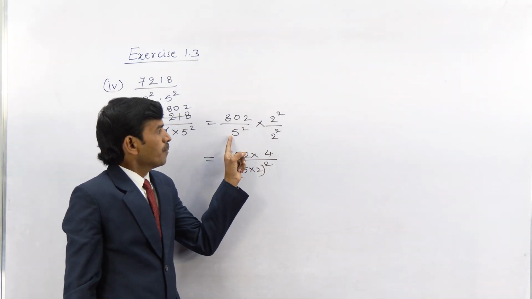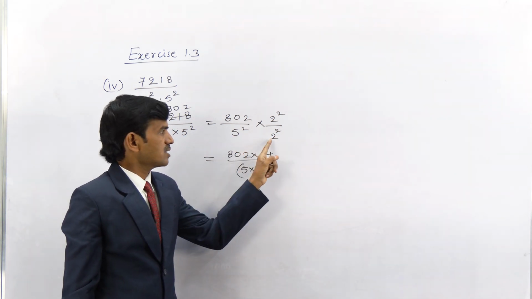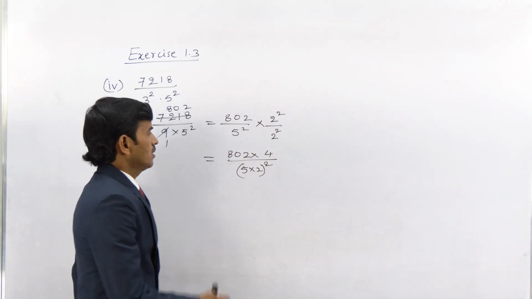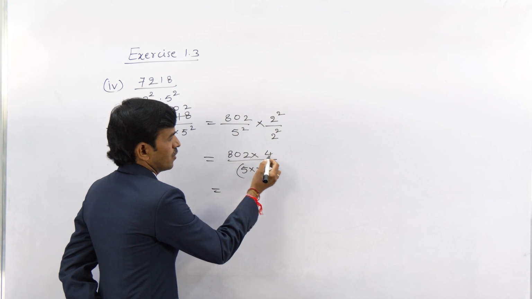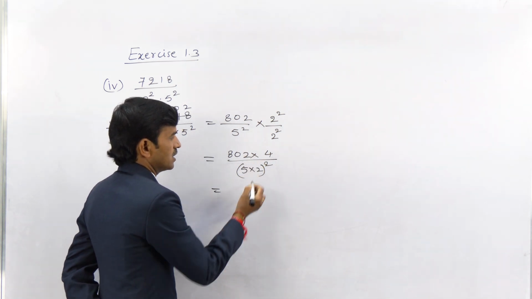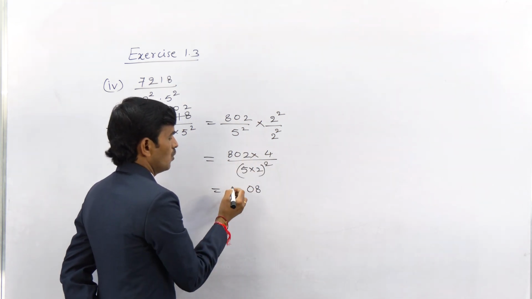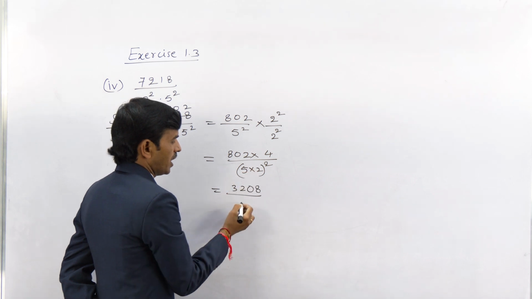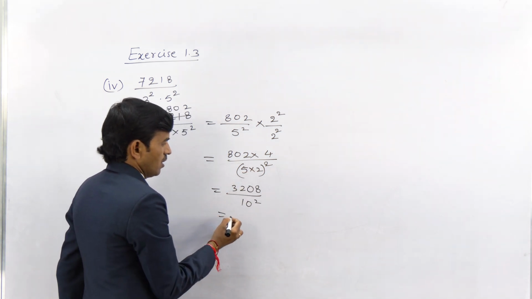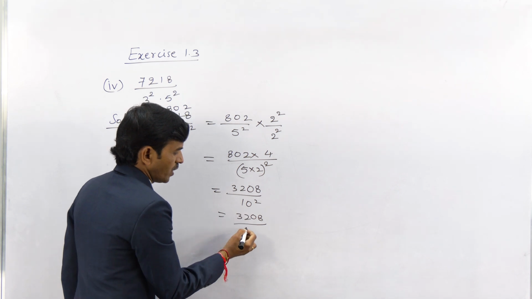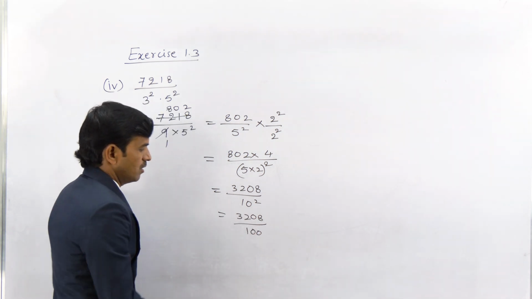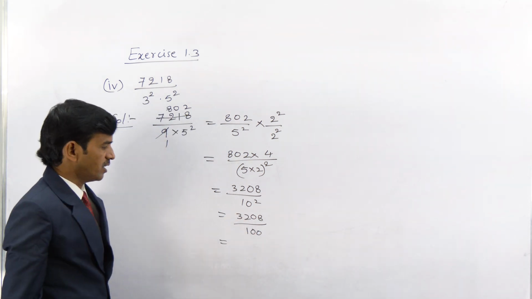When powers are same, bases can be multiplied. So now 802 into 4. 4 2s are 8, 4 0s are 0, 4 8s are 32, by 10 square. Here 3208 by 10 square is nothing but 100. So what is its decimal expansion then?